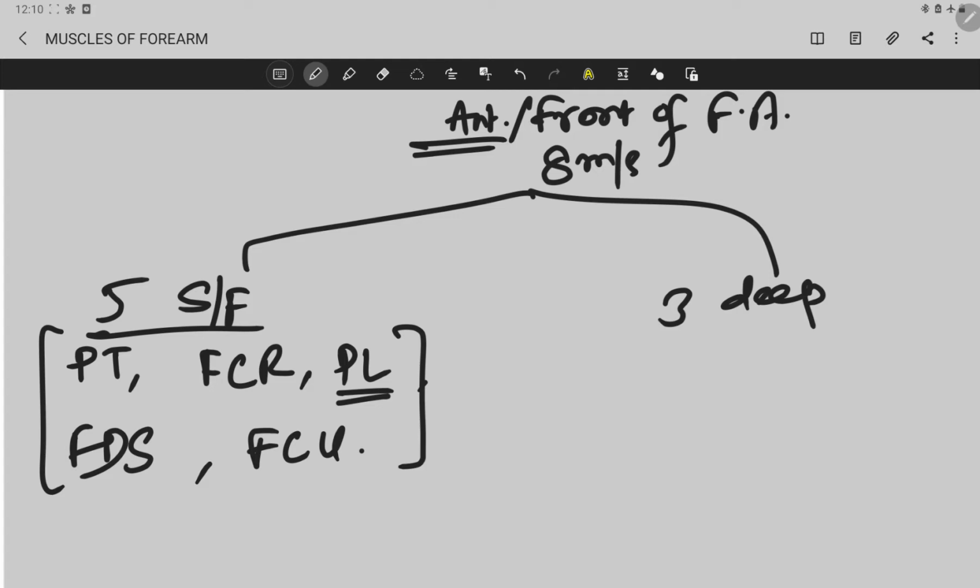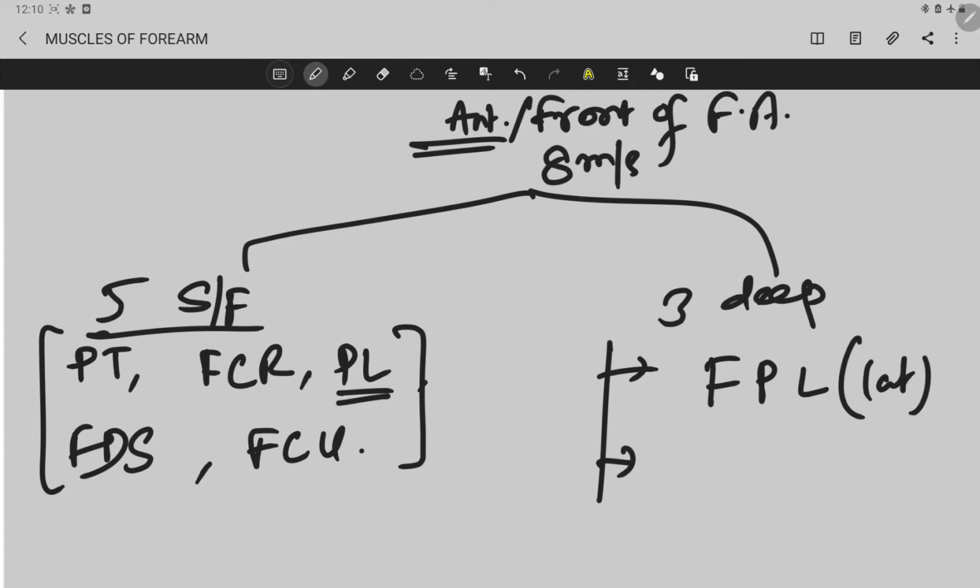And the three deep muscles: flexor pollicis longus, most lateral, and most medial, your flexor digitorum profundus. Profundus means deep.